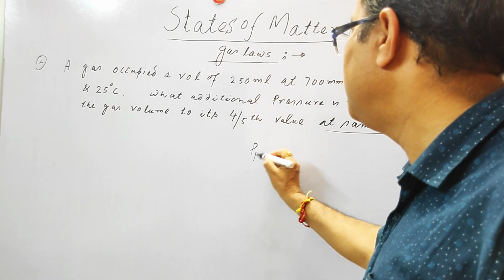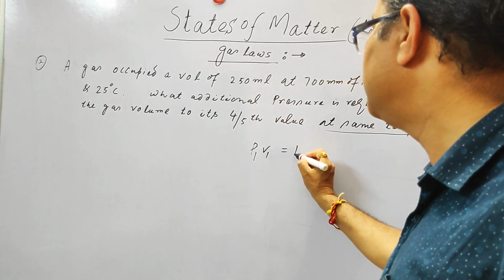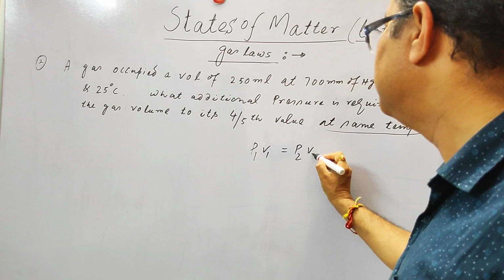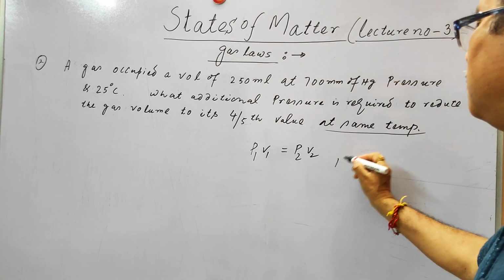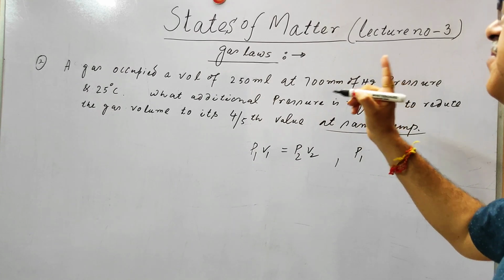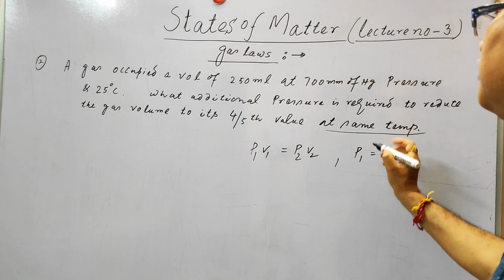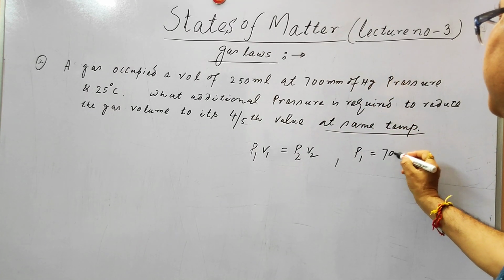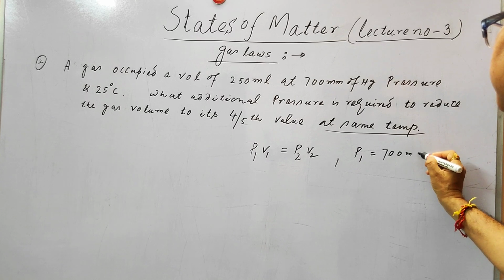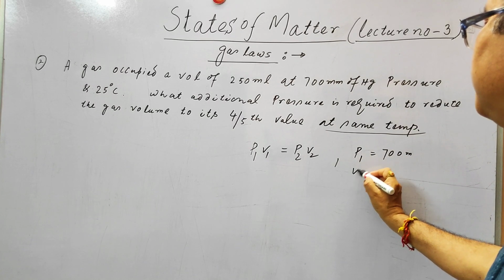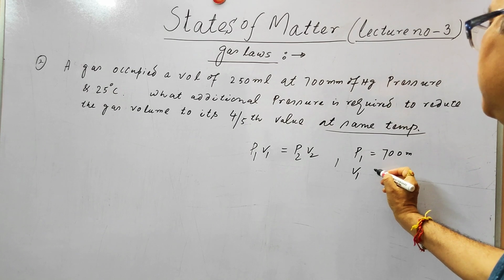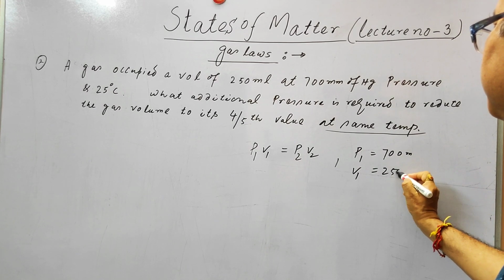In Boyle's law, we know that P1 V1 is equal to P2 V2. So we have to see from this numerical the value of P1. P1 is given as 700 millimeter Hg, and V1 is given as 250 milliliter.